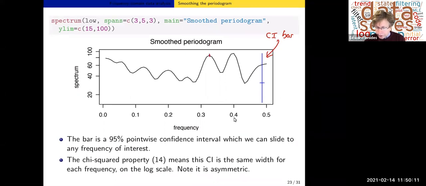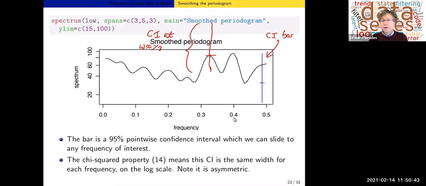If we want a confidence interval, we would move the bar to here, and this is saying our confidence interval at this frequency omega is approximately a third.